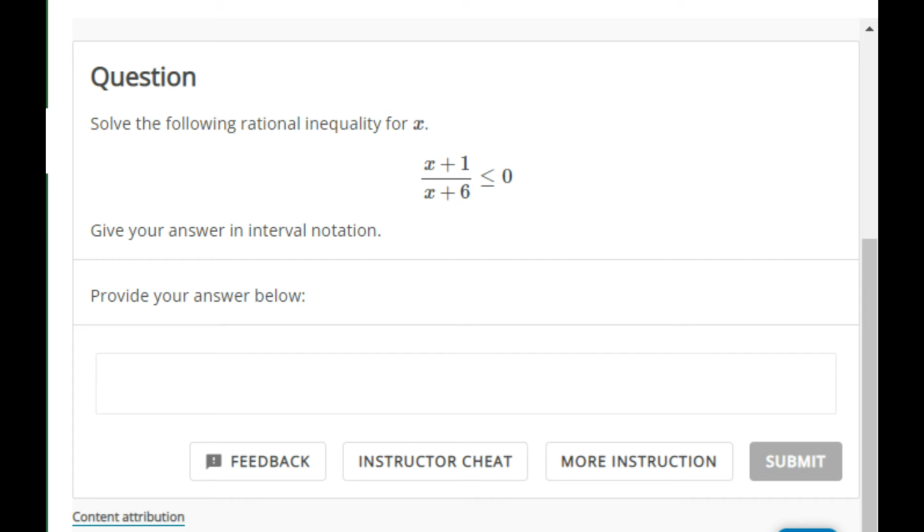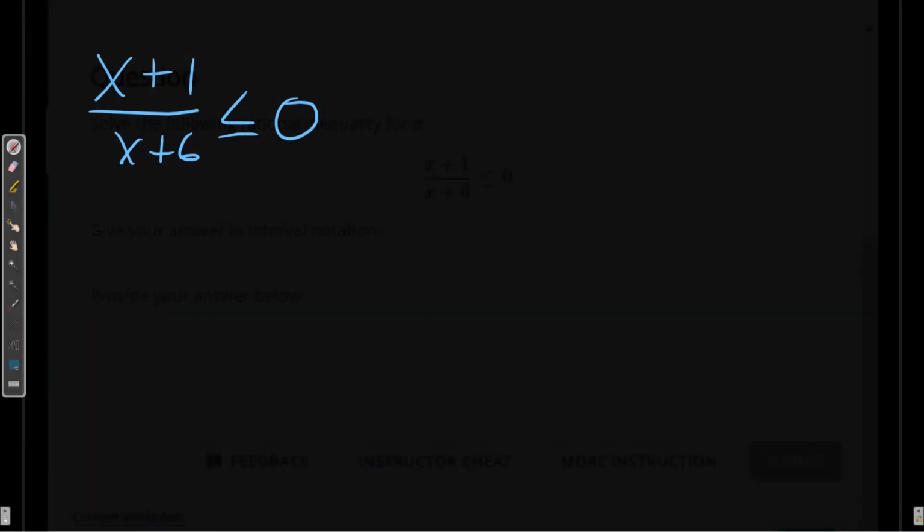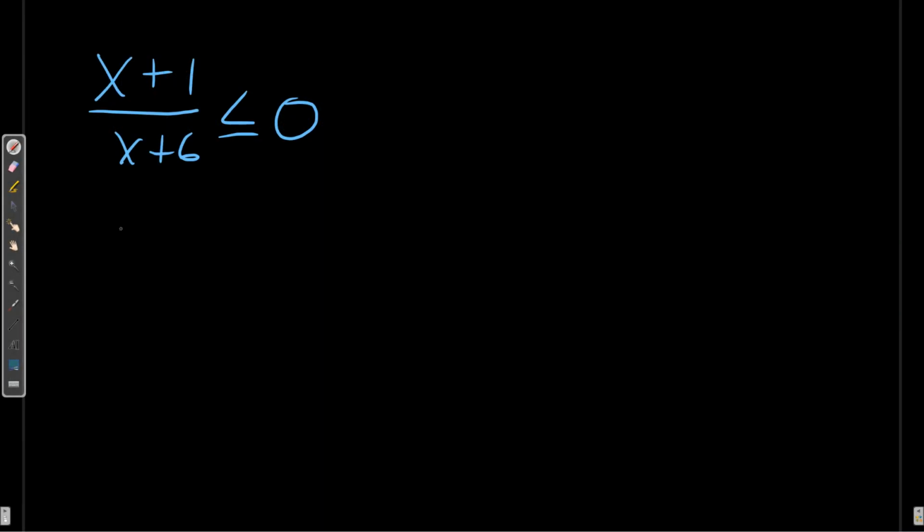Solve the following rational inequality. x plus 1 over x plus 6 is less than or equal to 0. All right. Oh, well, my partition points are going to be -6 and -1.